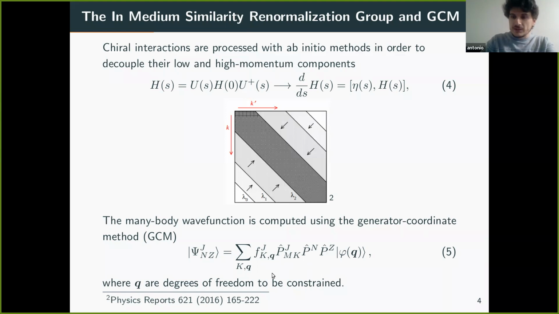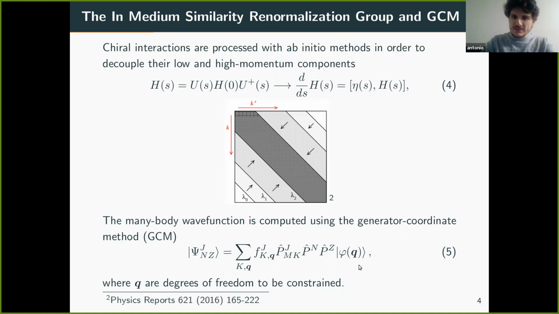In order to do that, we build the norm overlap matrix, the overlap between all of these mean field states with these quantities Q that are constrained. After we build this norm overlap matrix, we diagonalize it and we obtain some sort of orthogonal basis called the natural basis or the natural states.